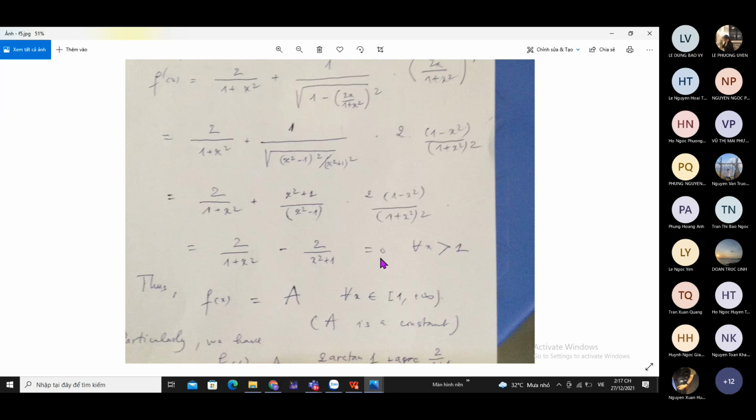In the previous example, we chose x0 just 0, right? Here I choose x0 just 1.